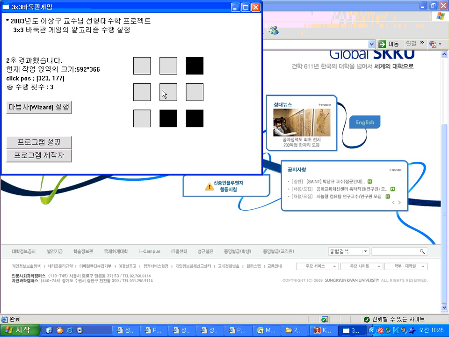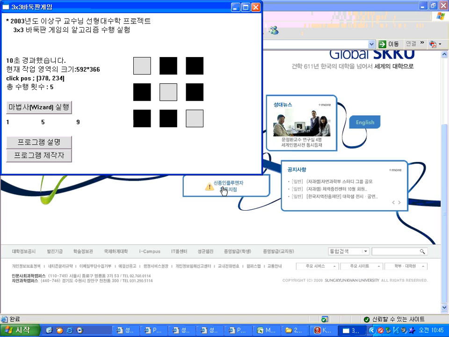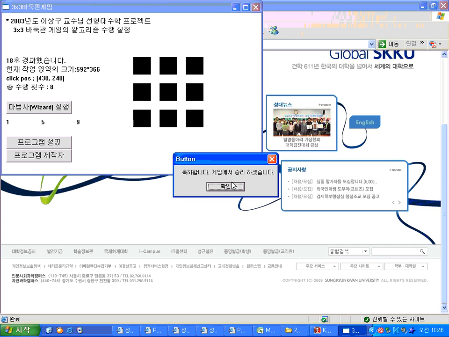So if the arbitrarily given condition is like this, it gives us the solution. If we click the first one and 5th one and the 9th one, then it's done.